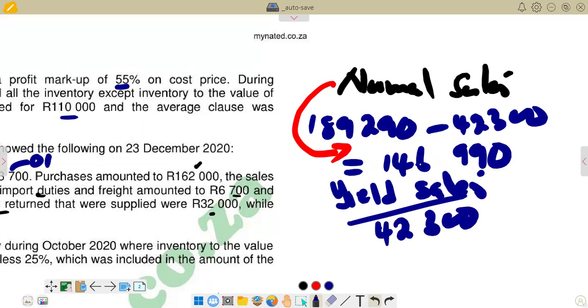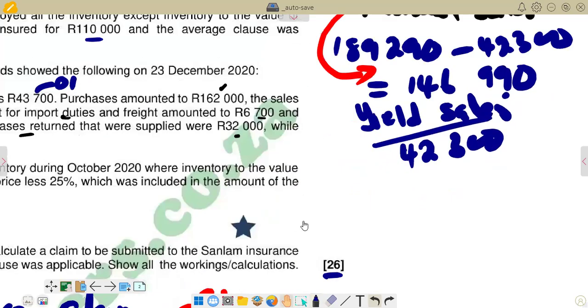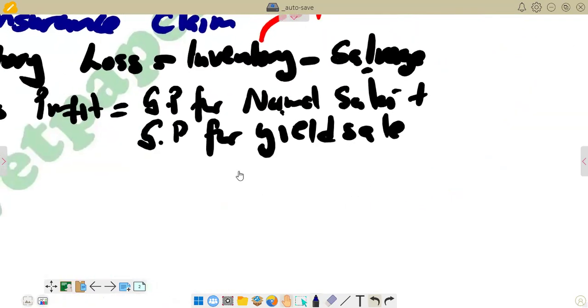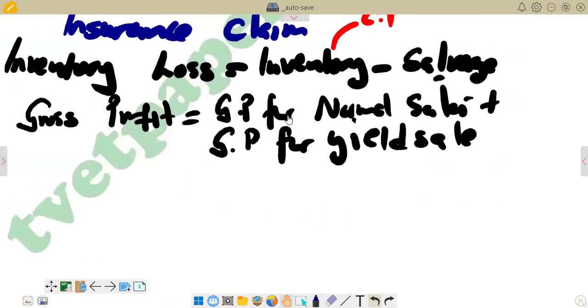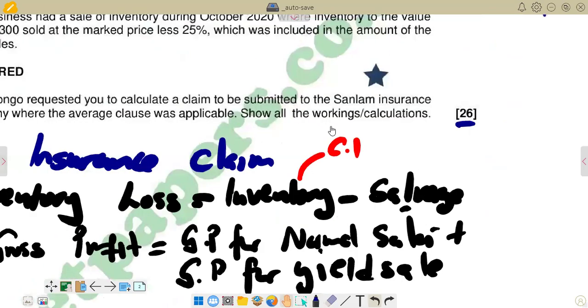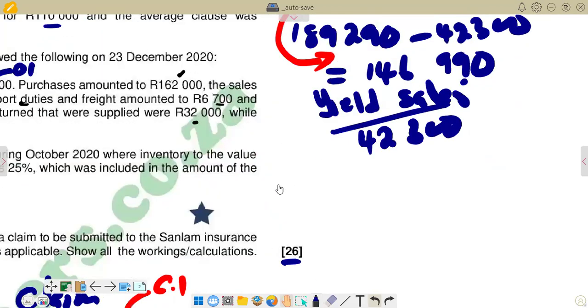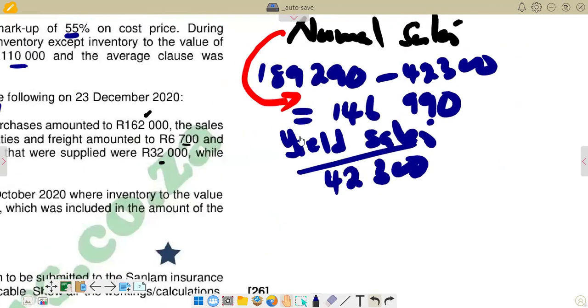So having these two figures now, we can calculate the gross profit inside our normal sales, and then gross profit inside our yield sales. Then we add together to get the total gross profit. So remember we are saying total gross profit is equal to gross profit for normal sales plus gross profit for yield sales.